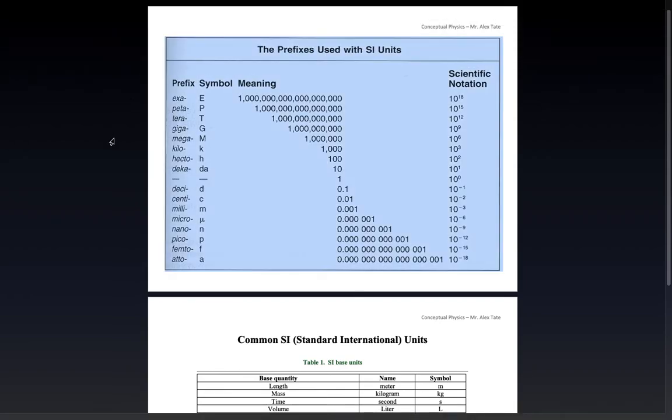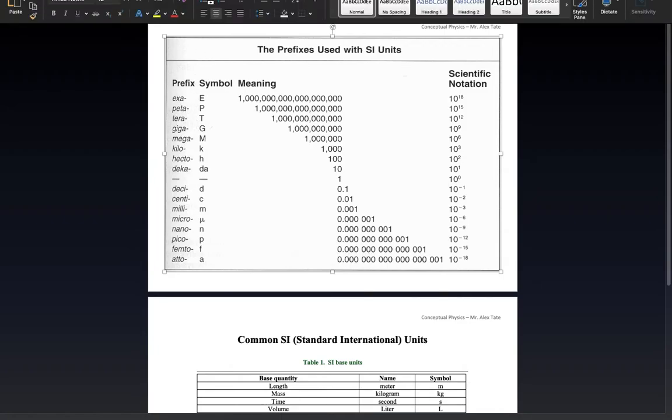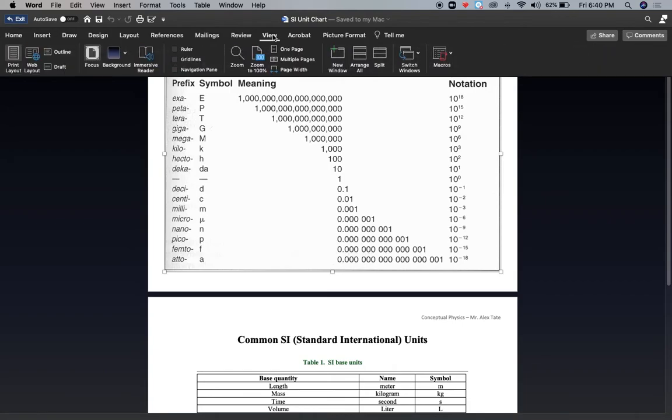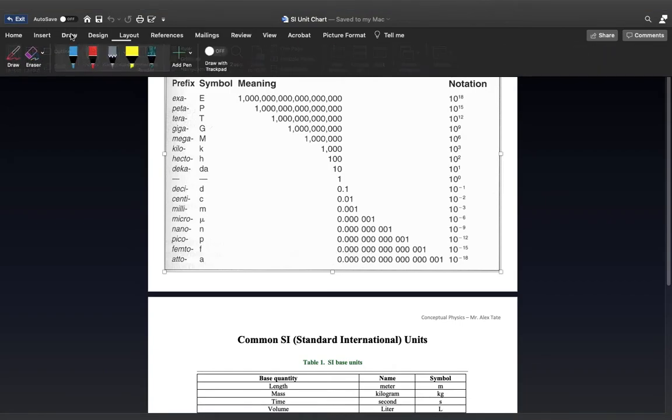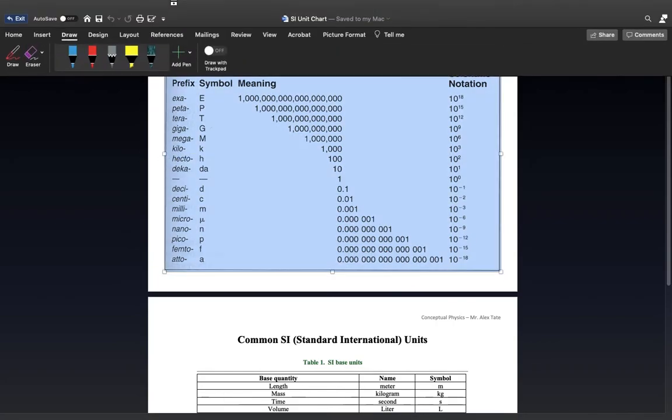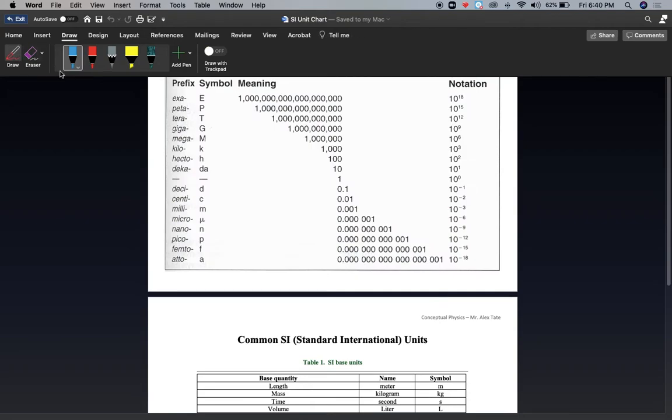If you notice, what we have here is an SI unit chart. The SI unit chart means this. You look at the specific value for this prefix of what it is.